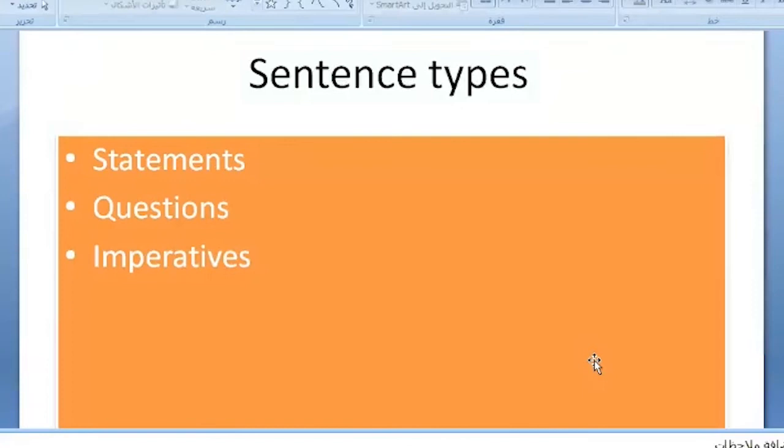If not, you are in a position to read about them, because a translator should know how to write a statement, should know the structure of a question, should know how to give commands, how to use imperative clauses. So please read about these three types because they are important.